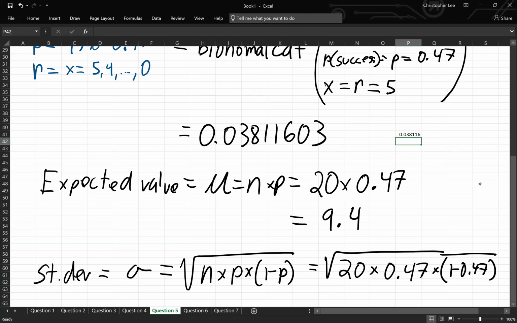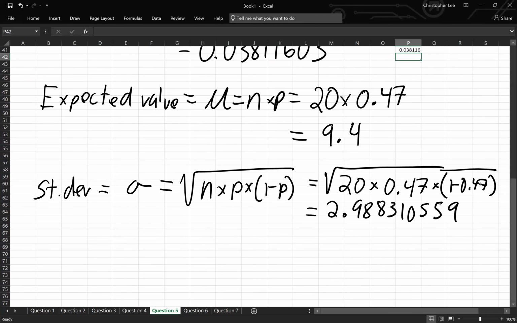That would be 2.983105. Okay. I like it. Everybody agrees? Any questions on this? This is our binomial distribution question. Good to go?